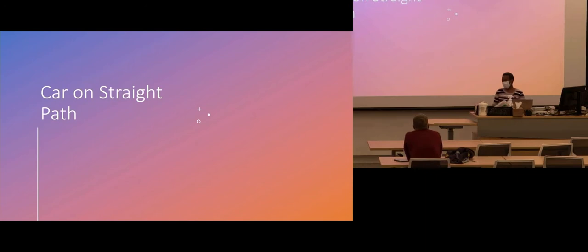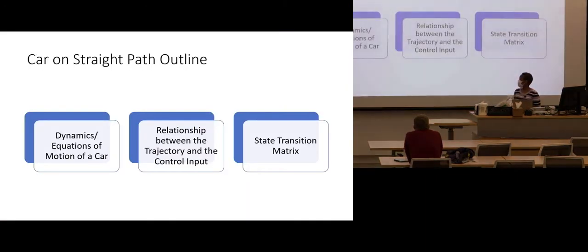Y'all already have the knowledge that you need to actually do this problem. And so that's what we're going to take a look at. This is the outline of what we'll be doing today, as well as in the next lab. The first thing we'll do is talk about how to derive the dynamics equation of the car. For some of y'all who were in recitation two recitations ago, there was an equation of motion that I told you not to worry about.